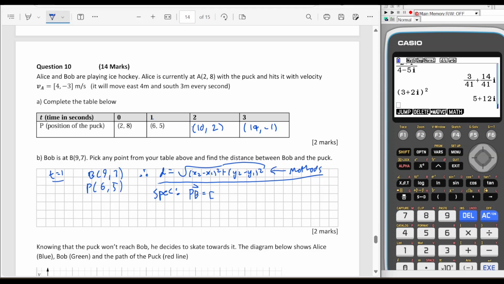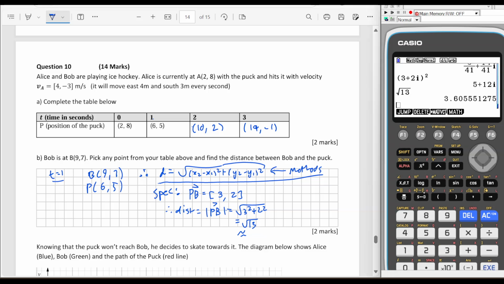Well, the vector is 3 and 2. So that's PB. Therefore, the distance is mod PB, which is the root of 3 squared plus 2 squared, which is root 13, which roughly equals, and since this is a real world problem, we probably should do root 13 and see what it is approximately. So 3.61.